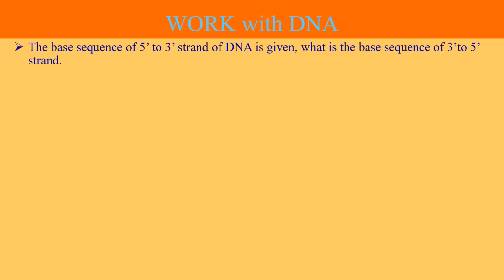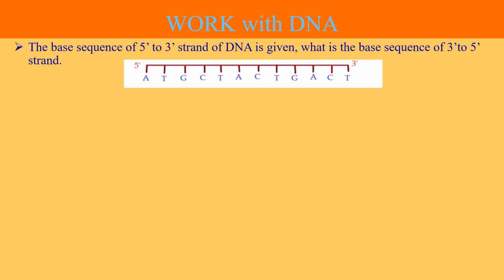structure of DNA. Here the base sequence of one strand of DNA, that is the 5' to 3' end of the DNA, is given. Next we have to find the base sequence of the other strand, and this question can be solved based on the base complementary nature of the DNA. Always adenine pairs with thymine or thymine pairs with adenine, guanine pairs with cytosine or cytosine pairs with guanine.